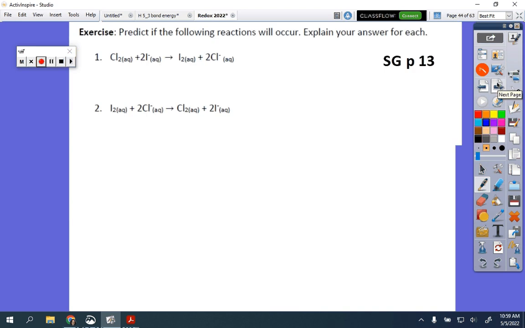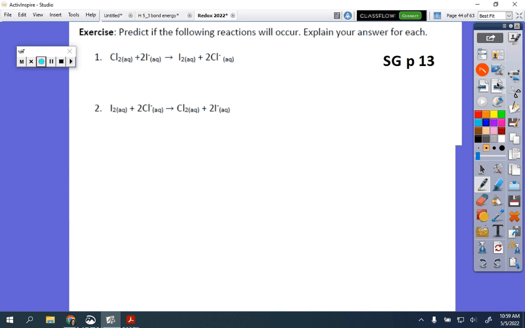And on page 13, I just put a couple of these predictions whether the reaction will occur. So notice these don't have compounds, but you can imagine that the ion in the reactants is in a compound, right? So that I minus could be in a compound KI, it could be in, who knows?